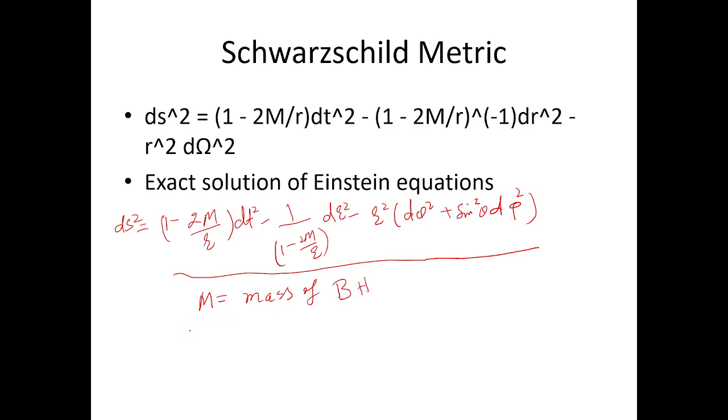And the horizon of this is defined when we put 1 minus 2m over r equal to 0.